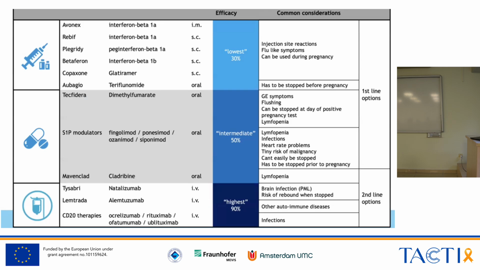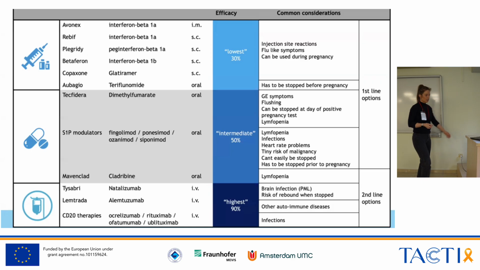And as you hopefully can remember, yesterday we had a discussion on the CD20 therapies, the expensive ocrelizumab one and the cheap rituximab one. These are the highest efficacy therapy. We're still often quite afraid of infection, but in clinical practice we don't see it that often. So this is by far the most prescribed, at least in our center at the moment.